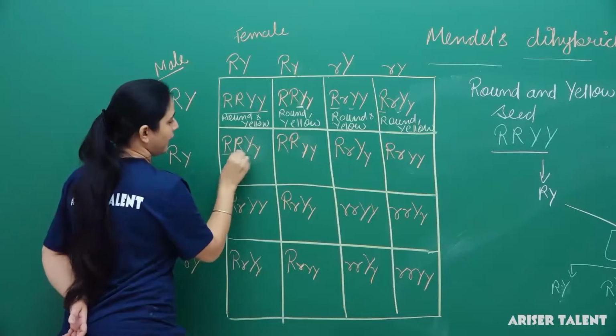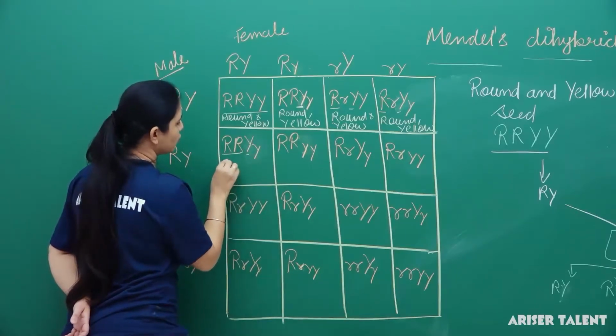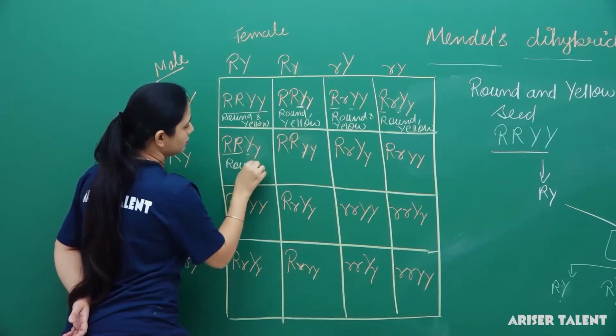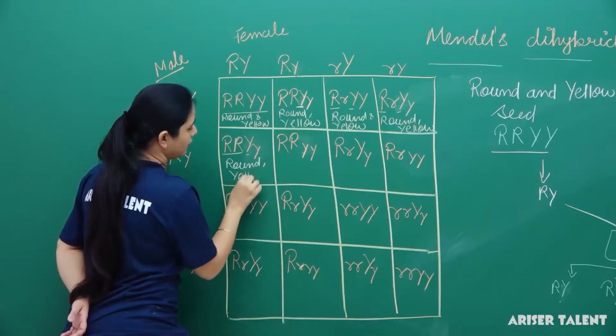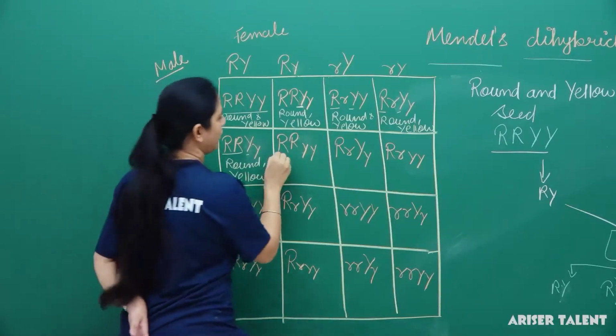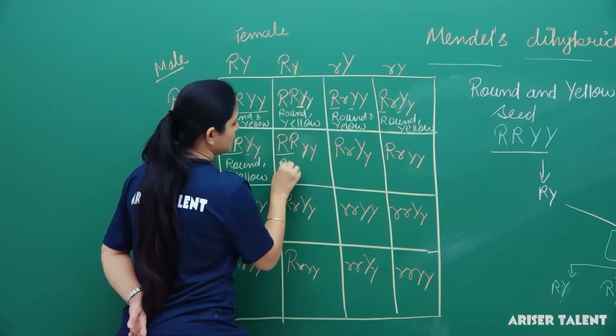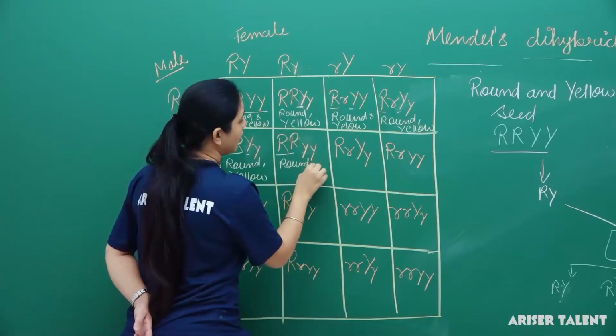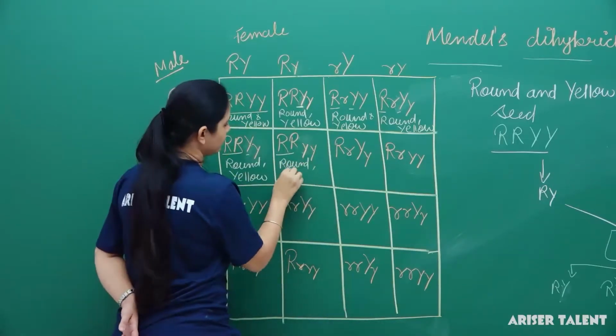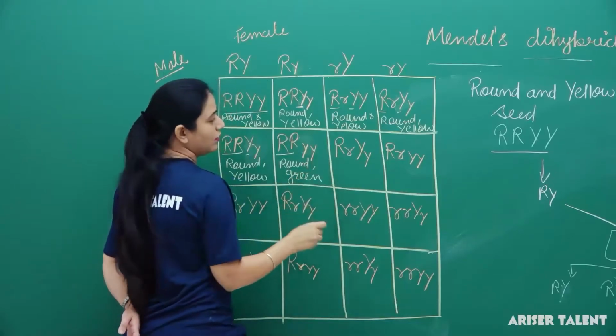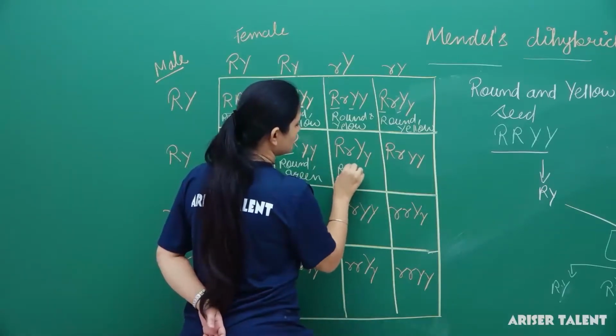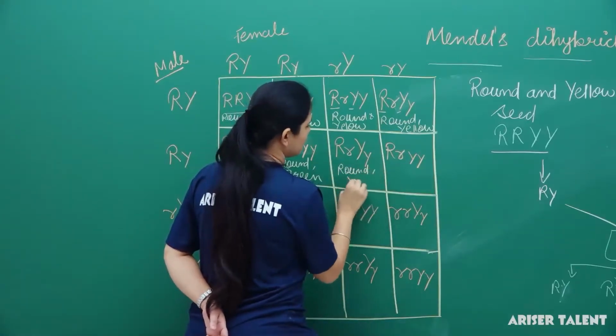Next, capital R, capital Y, so round and yellow. Here round and what? Green. Here round and yellow.